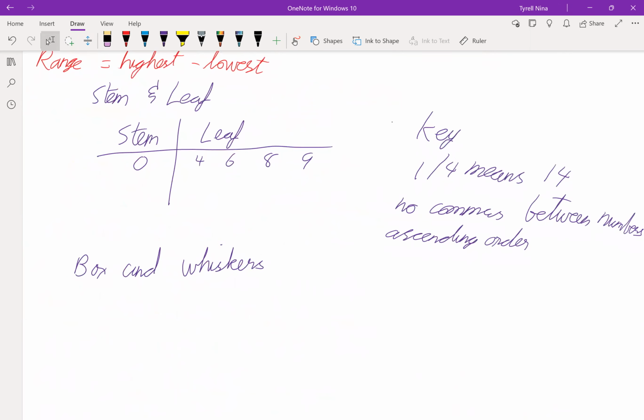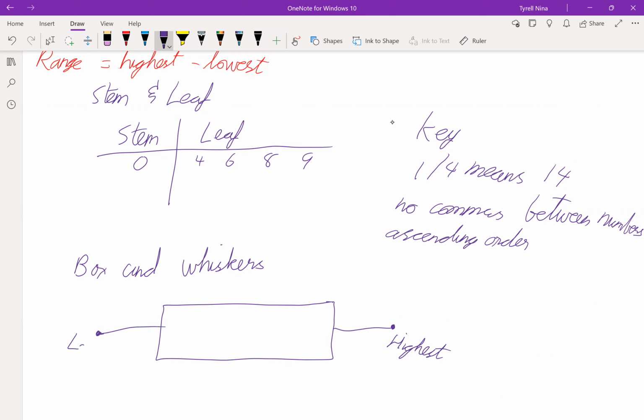Box and whiskers, it looks something like this. You'll have the highest value here. You'll have the lowest value here. Have Q1 here, Q2 here, Q3. Now, I should also note this is also the median, and it is drawn to some scale.